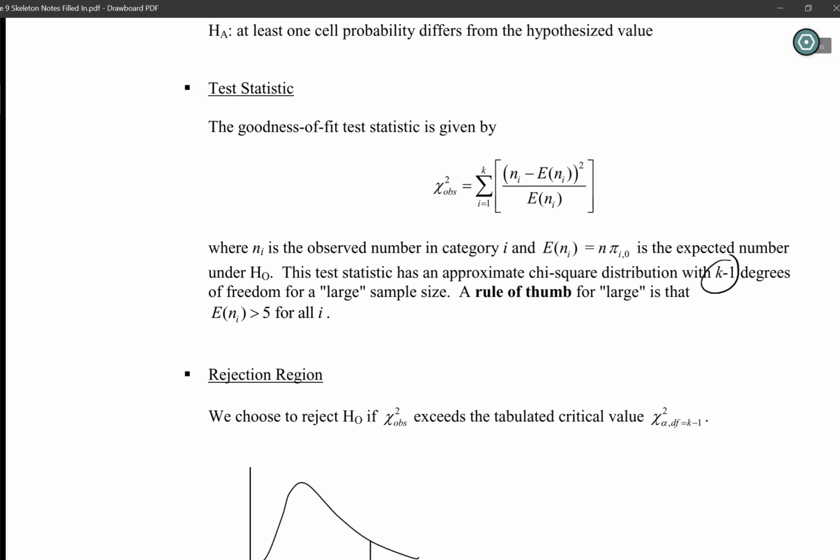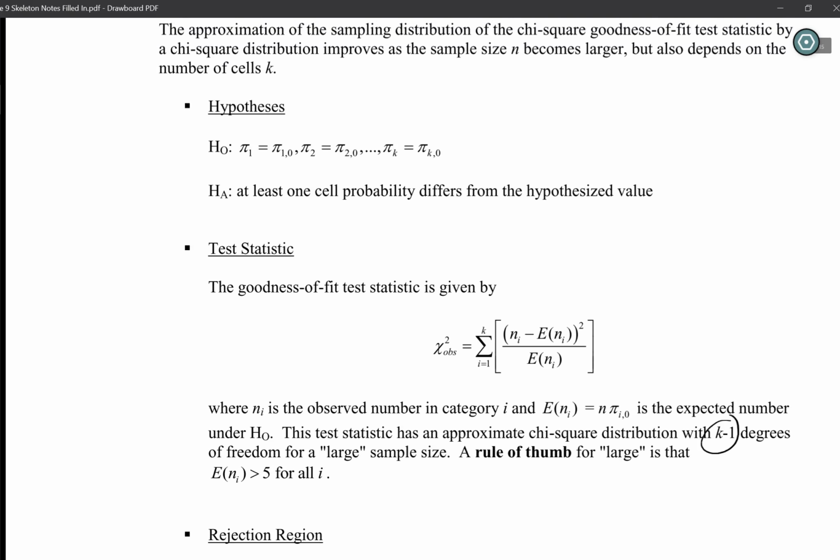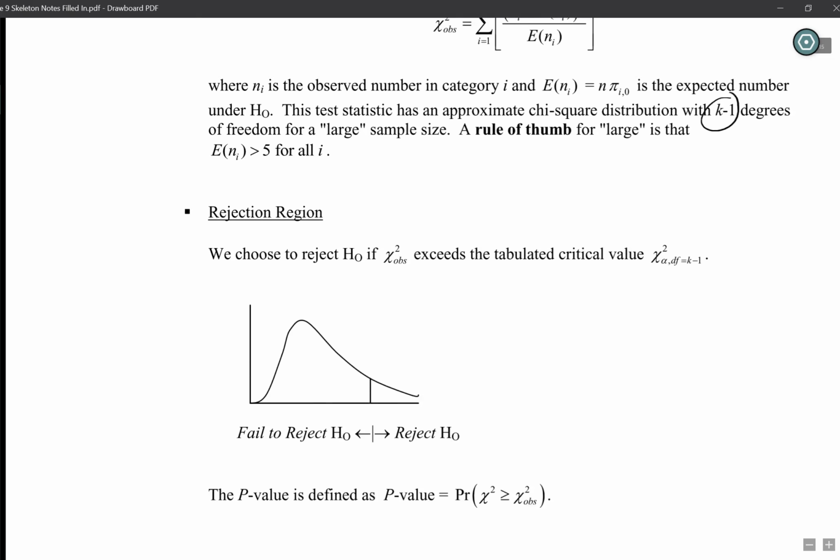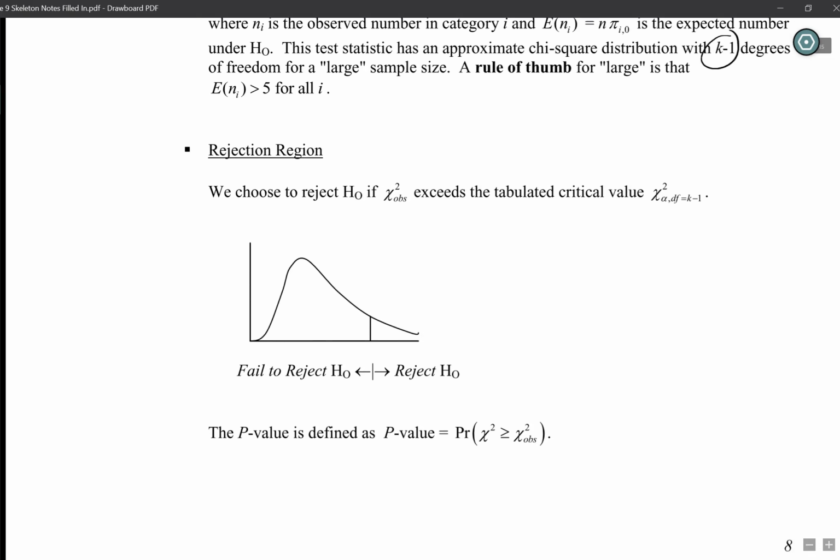We reject the null hypothesis if our chi-square statistic is large, that is, if it exceeds some chi-squared critical value. Here's a picture of our rejection region: we reject for large chi-squared values, fail to reject for small values. The p-value is the probability that the chi-squared is greater than or equal to what you observed.